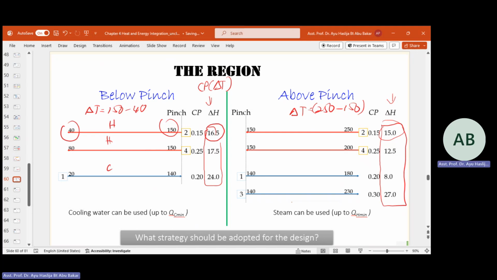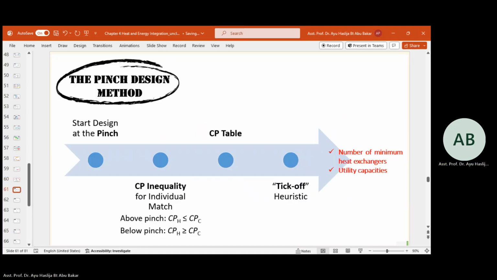Okay, up to there? Any questions? I go step by step so that you can understand. Now, from there, we start the design at the pinch, divide above and below pinch. Then we find the Cp inequality. Above pinch, Cph should be smaller than Cpc.